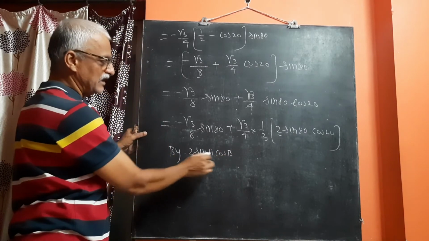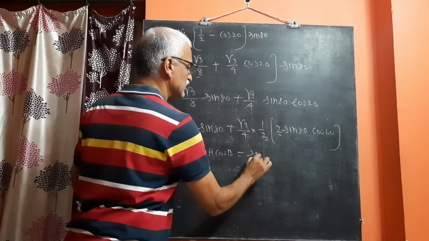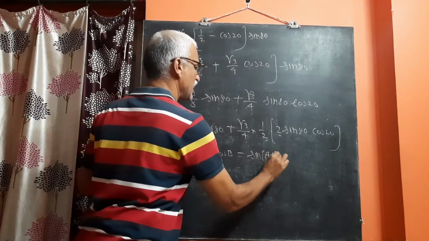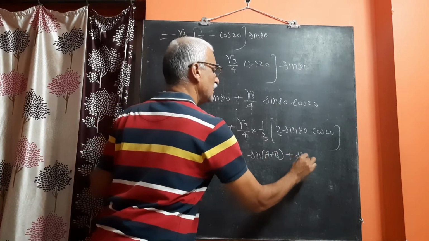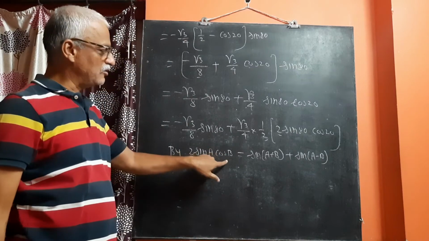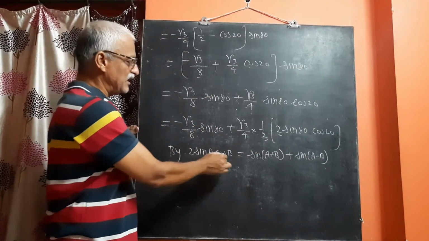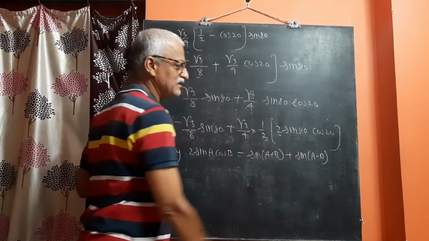By the formula of 2 sin A cos B, we have 2 sin A cos B equals sin of A plus B plus sin of A minus B. The multiplication of sin and cos is equal to the addition of two sines.